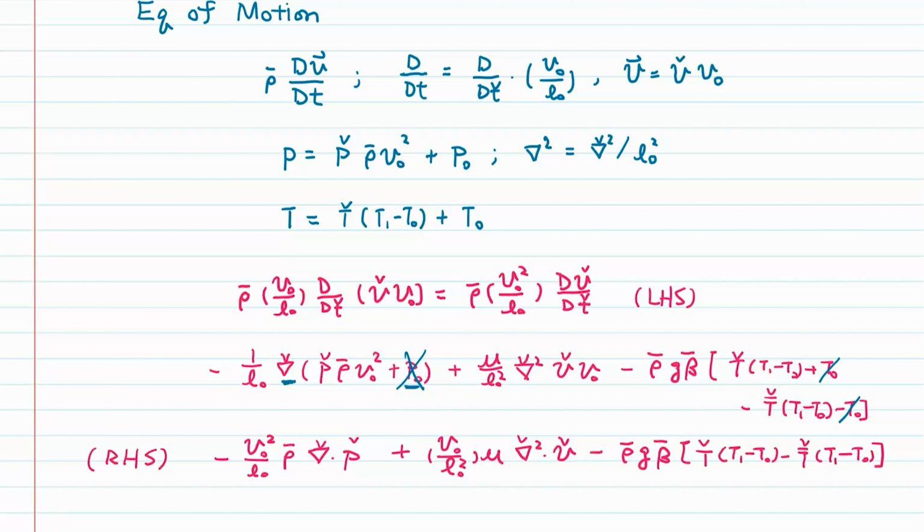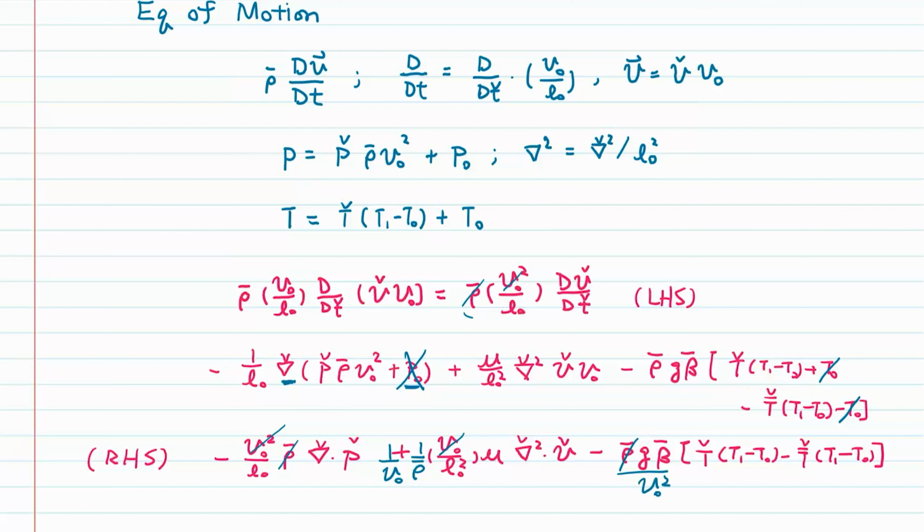Now let's take a look at the left and right-hand side. If we divide both sides by rho and V naught squared over L naught, what we see is that if we cancel rho out, then we have additional rho down here. The rho cancels out. Okay, and if we divide all by V naught squared, we have a V naught squared down here now.